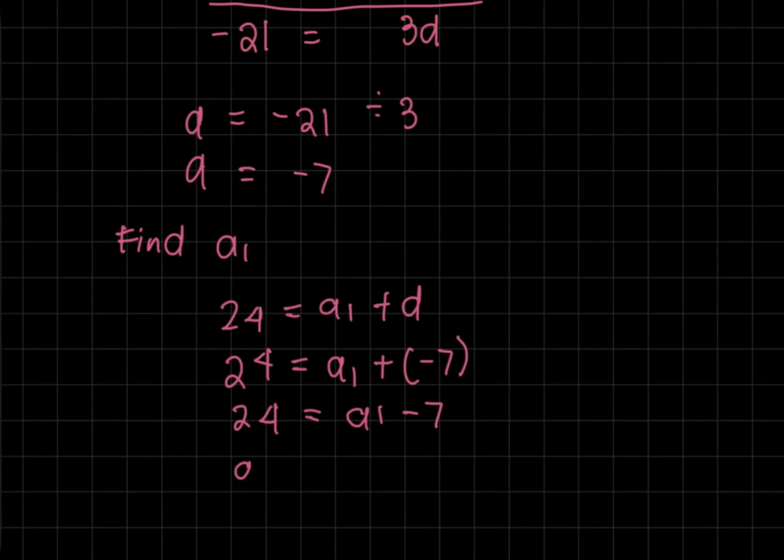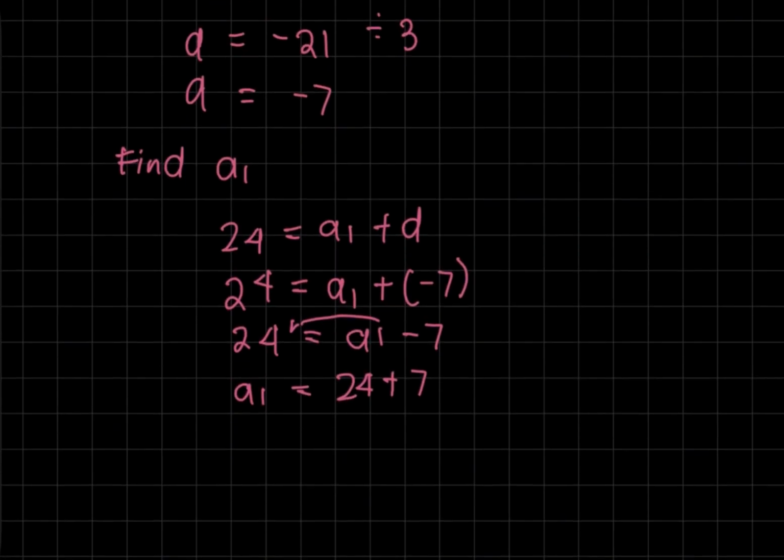To get A sub 1, we transfer the 7 here to isolate A1. When we transfer our 7, it becomes positive, so A1 equals 24 plus 7. Therefore, A1 is 31.